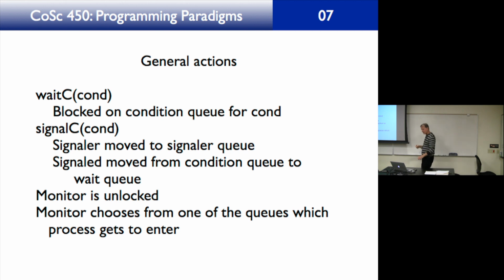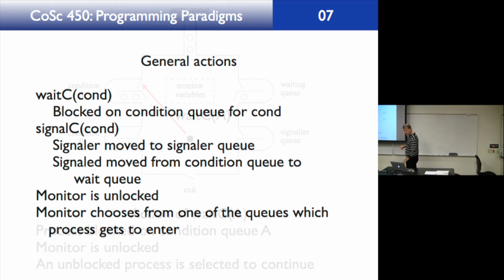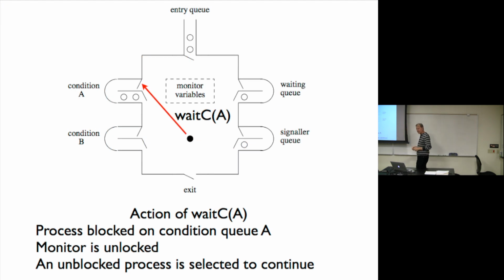I think we might even have some, actually here it is visually. Okay? So watch this. Here it is visually. The action of wait C. So who is executing this wait C? Condition variable A. It's this process, the black one in the middle, right? It executes wait C A, and so what happens?